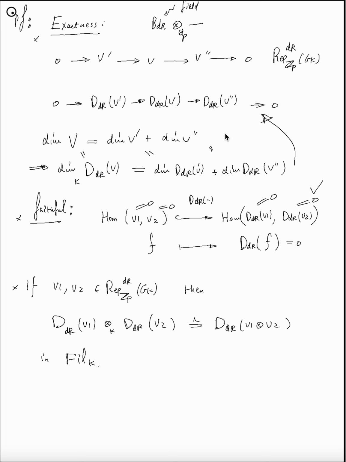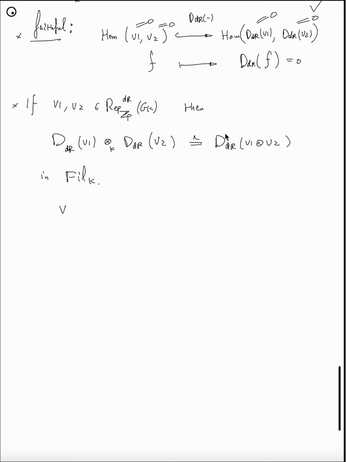On the one hand, we have V1 injective into a tensor as vector space, because you can extend the vector space, just count the dimension.